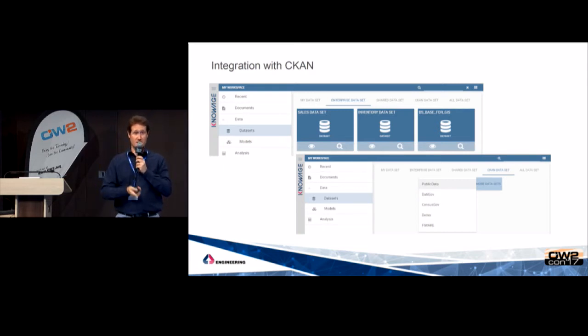So you can have enterprise datasets, my own datasets and also the list of available CKAN datasets. Moreover, I can connect to one CKAN instance or also more than one CKAN instance. Of course, this is useful to provide traditional reporting and standard analysis, but also those are datasets that can be exploited by final users with ad hoc reporting tools.